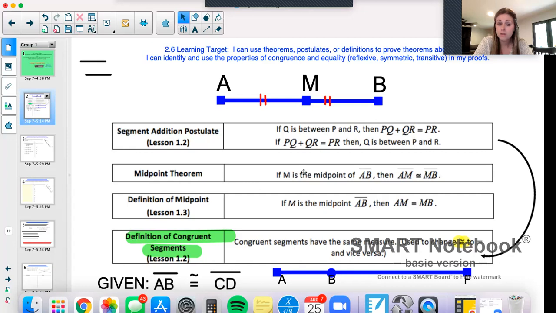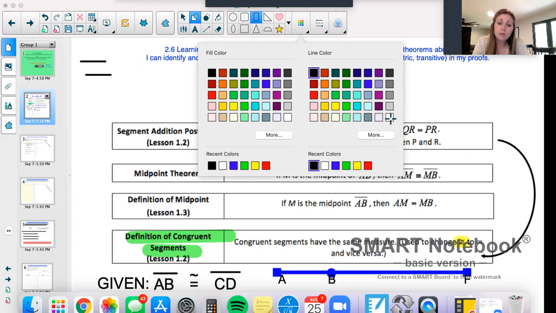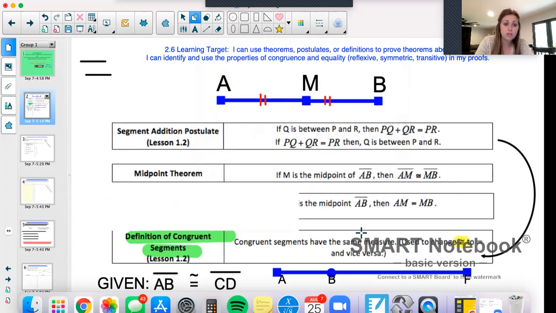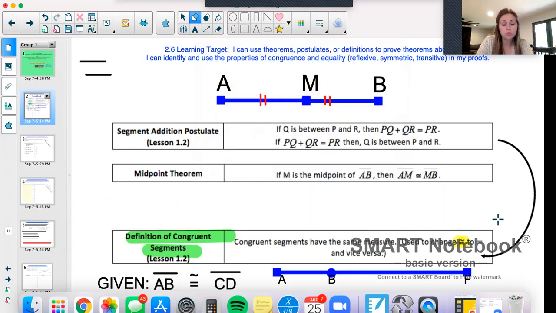Now there's another one down here. That is one that you can learn, but I'm going to advise that you don't, because here's why. There's a lot of rules in geometry, and if you can reuse the rules that you already know, I suggest that.